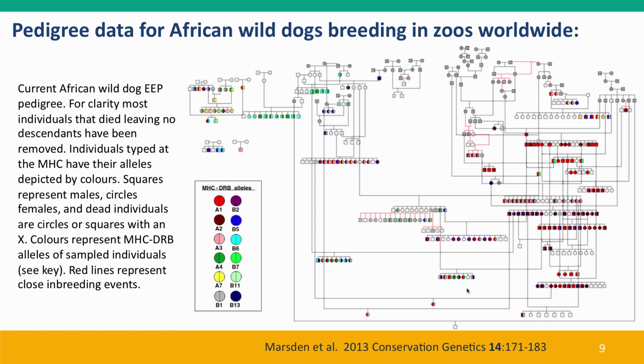Here's an even more complicated pedigree diagram. If you only look up here, you might say, oh, that looks kind of like the kind of pedigree diagram we might see in a genetics problem. But as soon as you move down into the breeding program, it gets extremely complicated. These are African wild dogs in a large number of zoos all over the world.